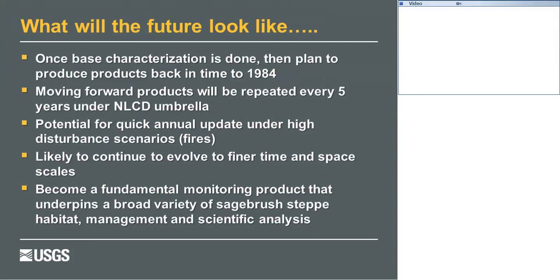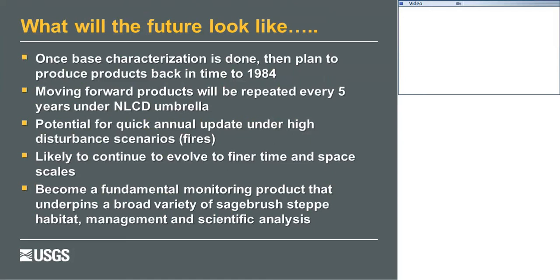We're now funded and doing the base characterization, which I've described to you. Some geographies are being done back in time, and we plan to eventually do the wall-to-wall back-in-time products as well. Moving forward now, working with AIM, we plan to repeat this every 5 years. So this is a monitoring effort. You will have these predictions locally, done every 5 years.